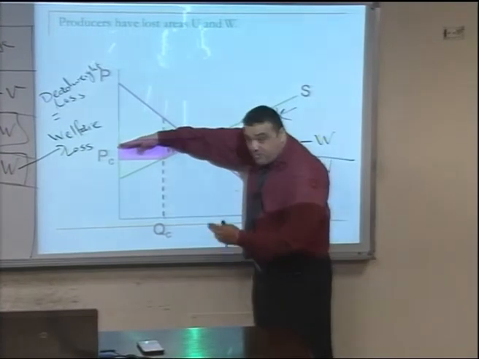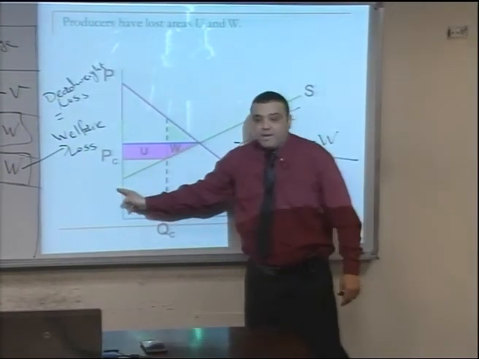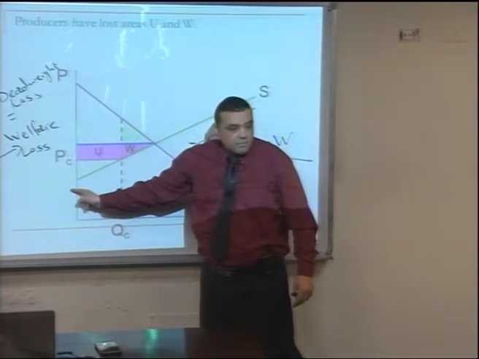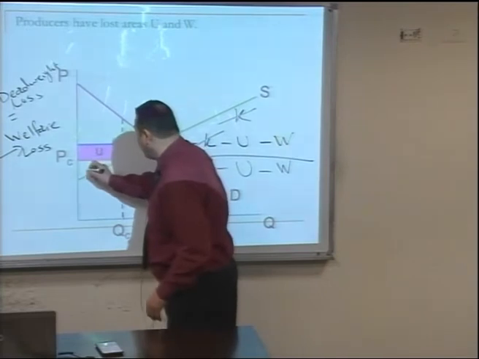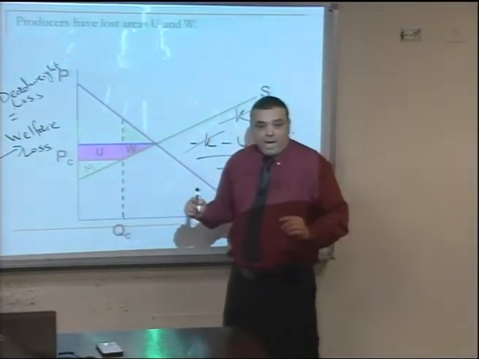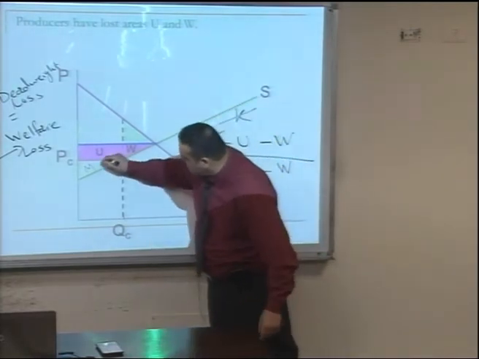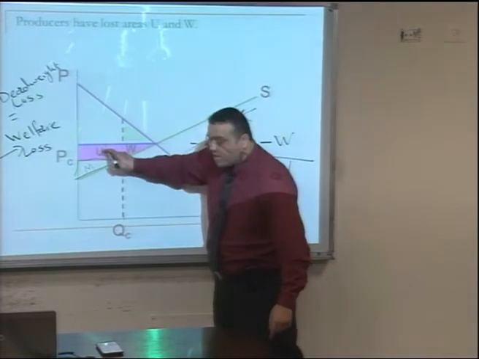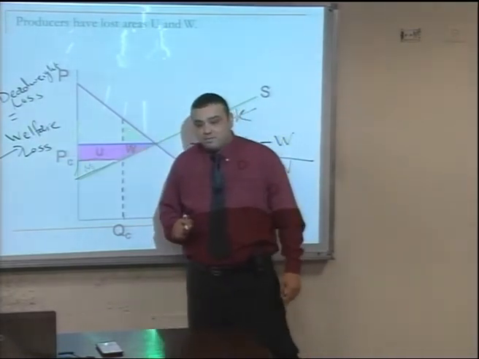At equilibrium, before imposing the policy, he gains this area. Right? Let's say U W M for instance. And after imposing the price ceiling, it has become just M. So he lost U and W as explained here.